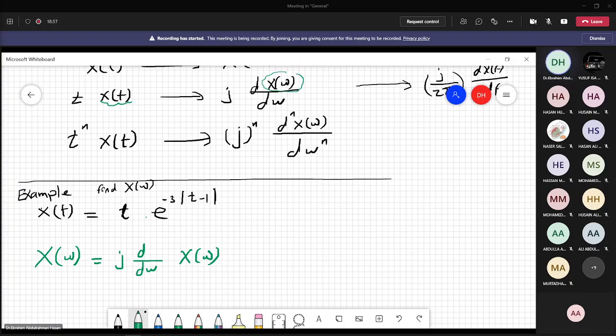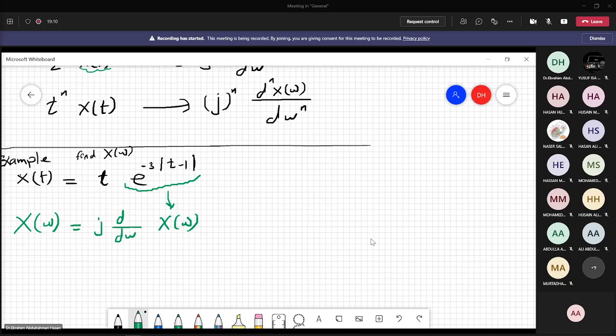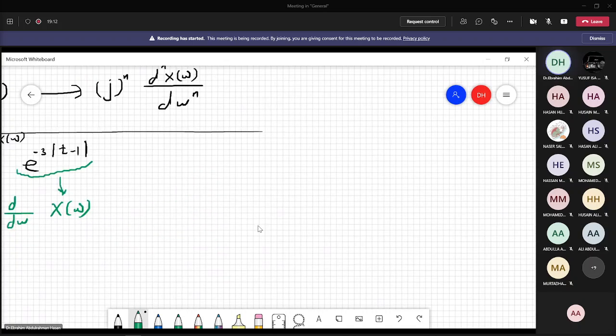Here, just name it something else. So we need to find the Fourier transform for this one. Then how to find it? This is important for me. e to the power of minus 3 t minus 1. What is the Fourier transform for this?